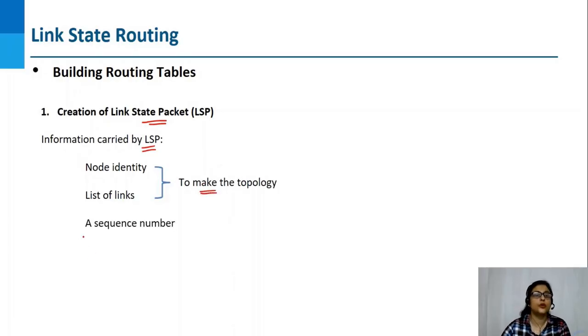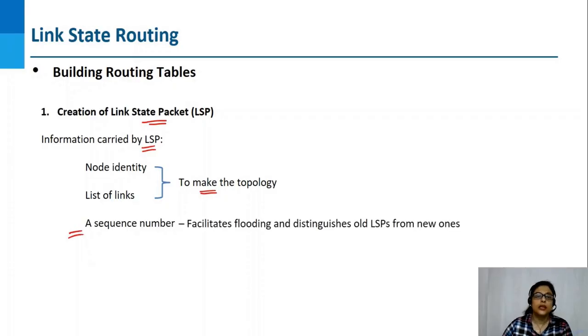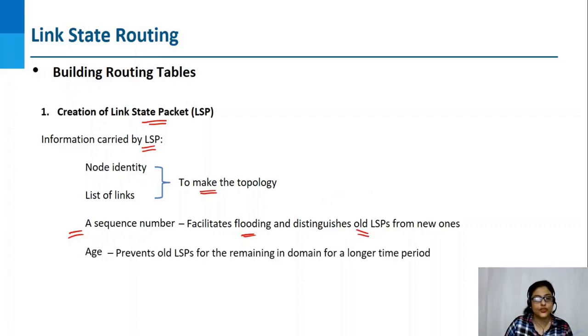Then there should be a sequence number that will facilitate flooding, and it will distinguish old LSPs from new ones, because if we have old LSPs, they have to be discarded and replaced by the new LSPs that are arriving at the receiving node. And then the age. Age will prevent the old LSPs from remaining in the domain for a longer period of time, because the old LSPs must be replaced by the new ones after a certain interval of time.